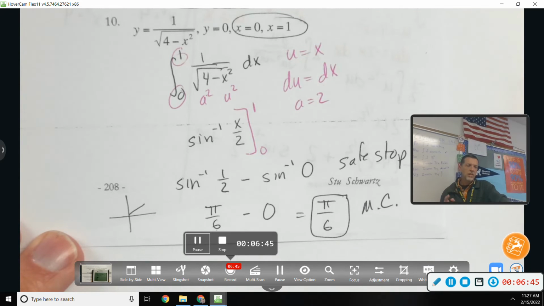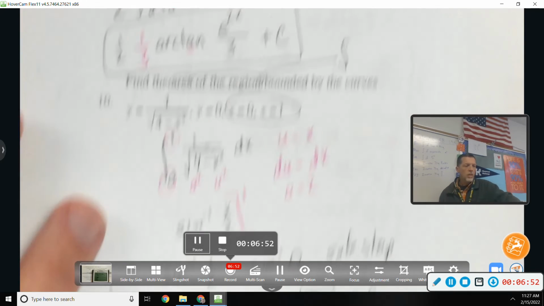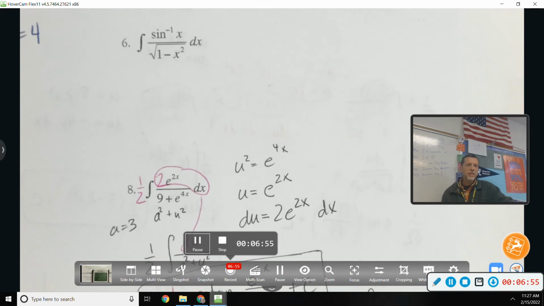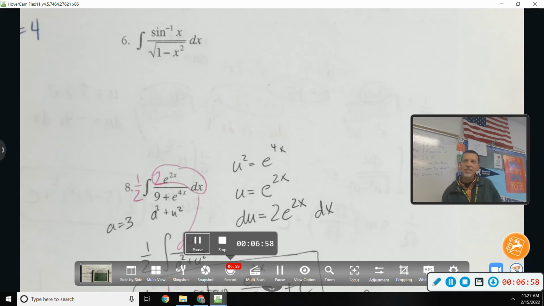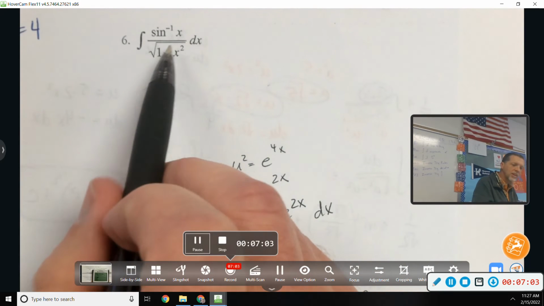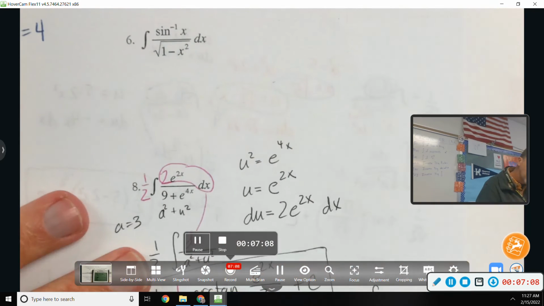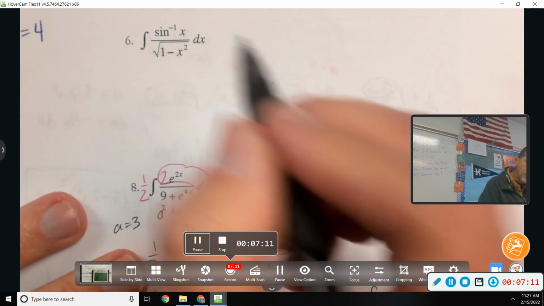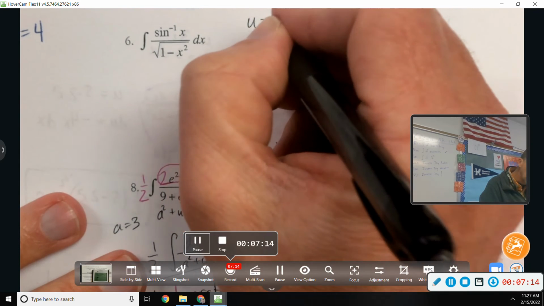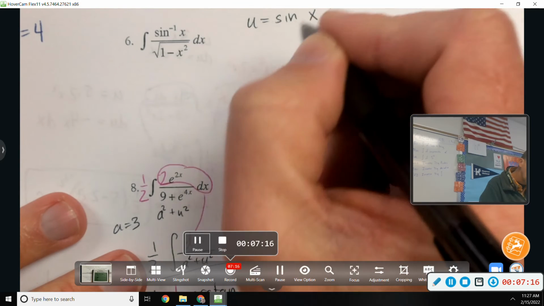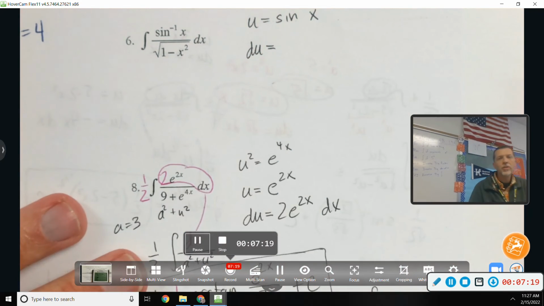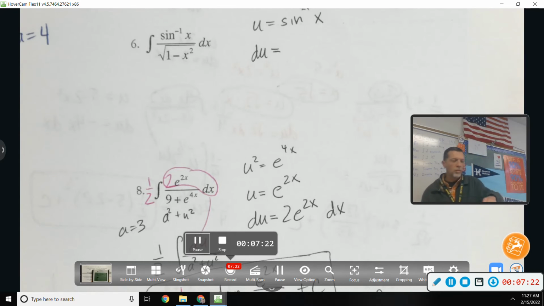Can you do number 6, please? Yes. Anything else on number 10? Number 6. I think I gave a hint on number 6 because that would be a tricky one. The reason I gave the hint is because I see inverse sine and I know what the derivative of inverse sine is. It's basically what the rest of this problem is. So if I let u be inverse sine of x, so this is reviewing what from way back before the break.